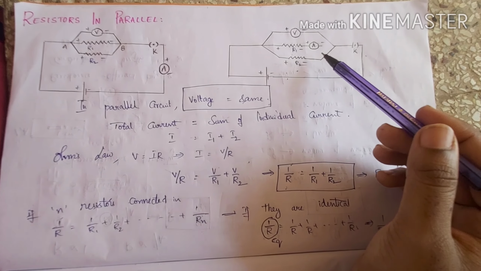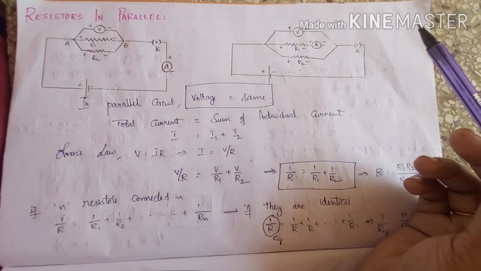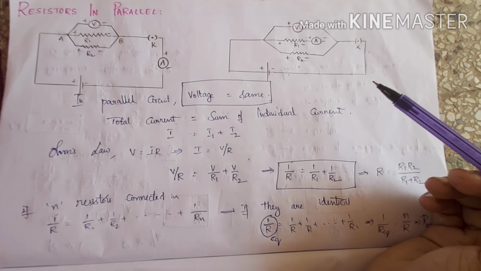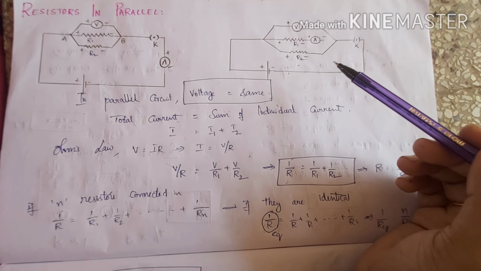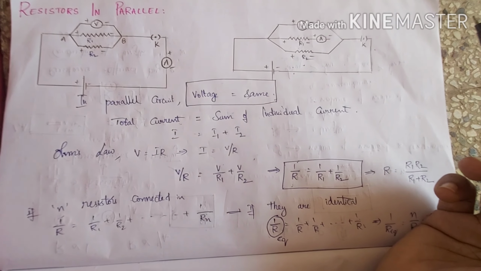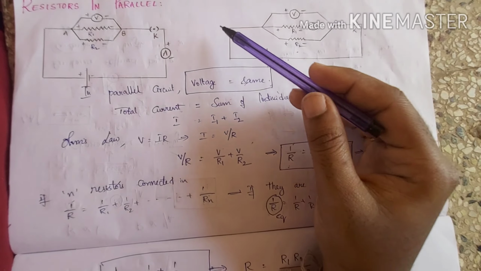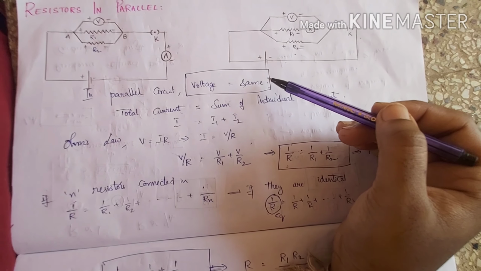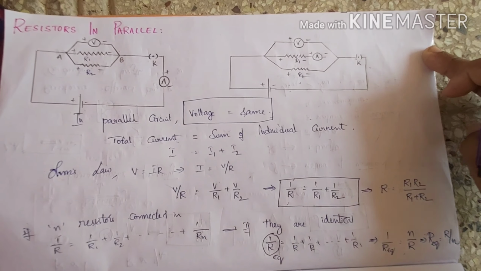When you connect a voltmeter in series, the voltage across the resistors will be different from each other, as we have seen in the series circuit, where the voltage is the sum of the individual voltages. If you want to measure current, you have to connect the ammeter in series, but if you want to measure voltage, you have to connect the voltmeter in parallel. Okay, thank you.